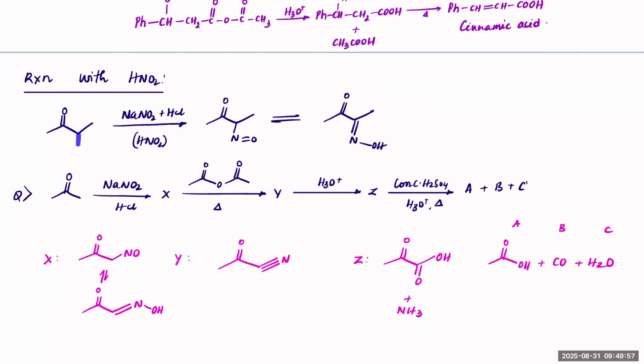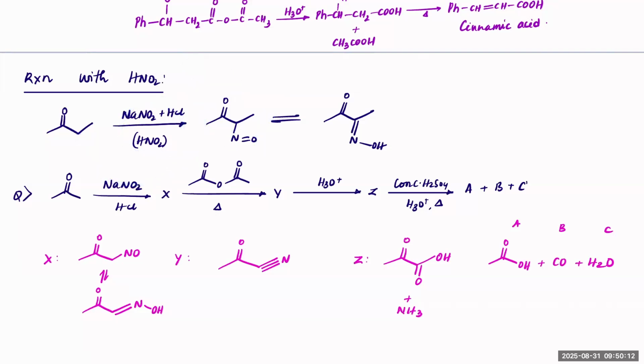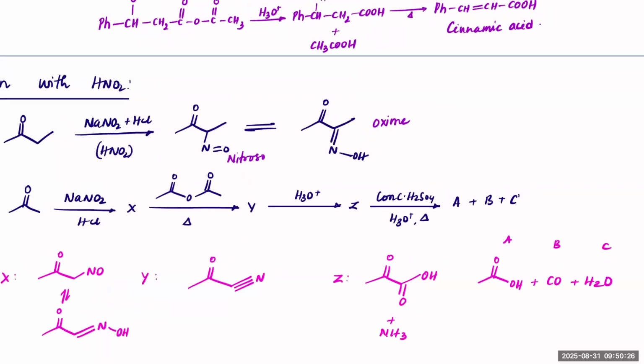Here at the alpha position, you will get NO substitution because this group generates an electrophile NO. So because it generates the electrophile NO, from this position you will attack on NO. This is nitroso substitution. And you know that this can undergo tautomerism. This is an oxime form, and this is nitroso. So you will see nitroso-oxime tautomerism.